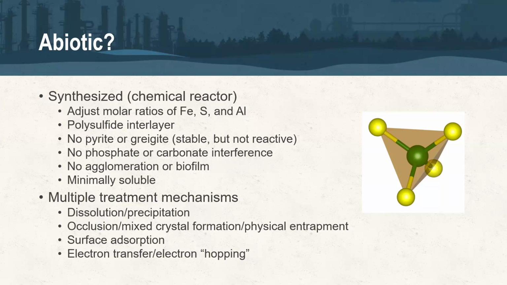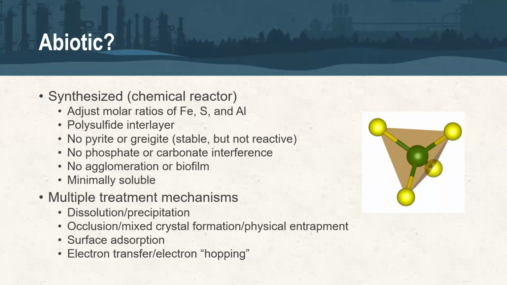And then through this process, because we have these polysulfide interlayers, we also have the ability to electrostatically charge a transformed, say, arsenic or chromium molecule. We have the ability to attenuate it into the lattice structure of the product itself. So that's our surface absorption. And then if you have a significantly impacted site, even commingled with CVOCs or other VOCs, we can take advantage of electron transfer.